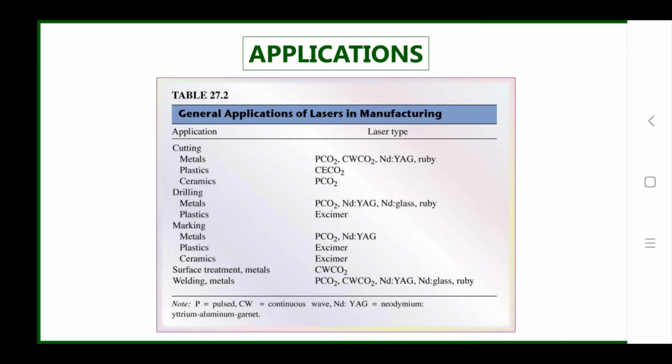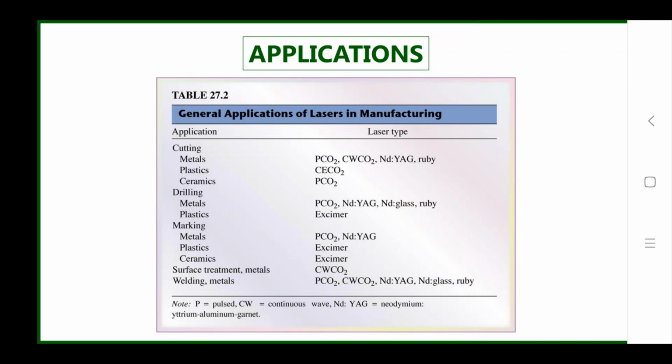Then for the application of drilling, if you drill metal or plastic, we can use a different laser type. Again, for marking application, you can use laser. For surface treatment, welding and metals, we can use different types of laser for laser beam machining.